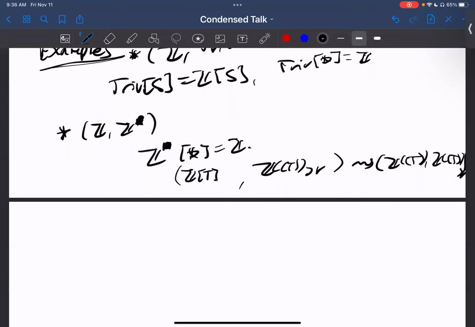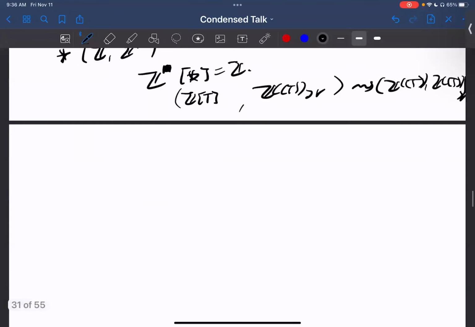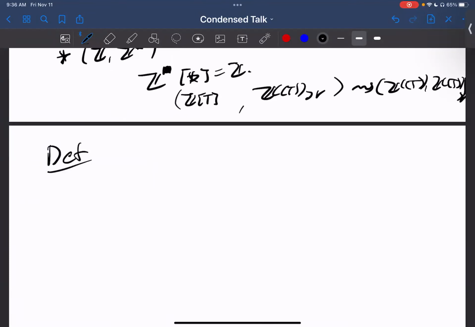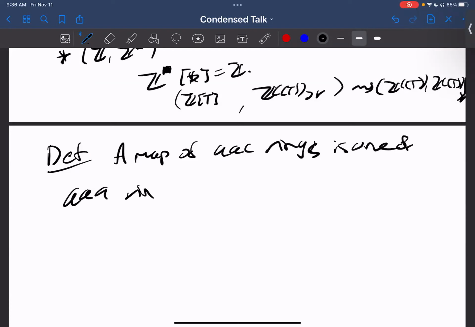So we're talking about some specific classes of maps of these analytic animated associative commutative rings. So a map of analytic animated commutative rings is one of analytic animated associative rings which commutes with Frobenius.